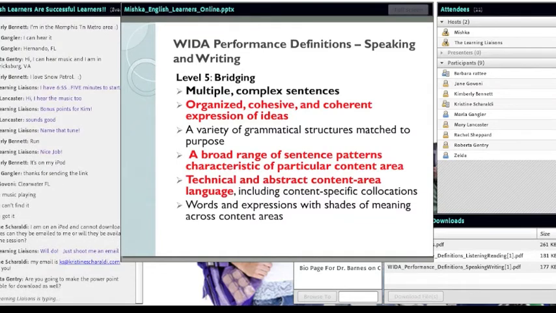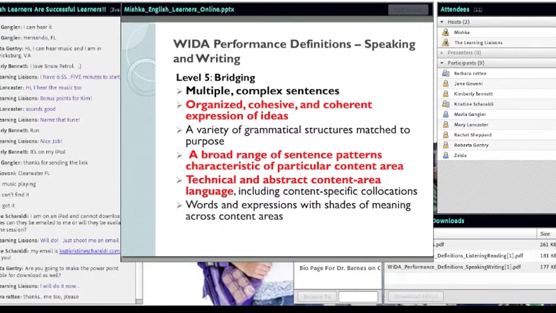Now we're going to go ahead and talk about the speaking and writing rubric. So this is another rubric that explains how we can help English learners become proficient in the areas of speaking and writing. In order to become proficient, they have to have a variety of grammatical structures matched to purpose, and they have to be able to explain themselves with different shades of meanings across the content area.